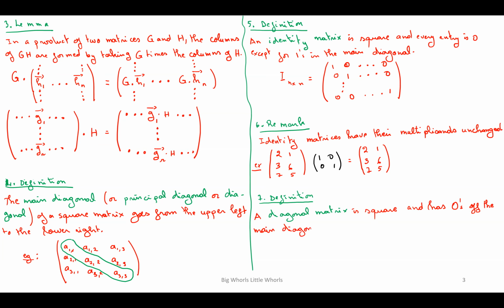So basically we have something like this: a_11, then 0 0 0 here, a second row, second column, 0 0 0, and a_nn.